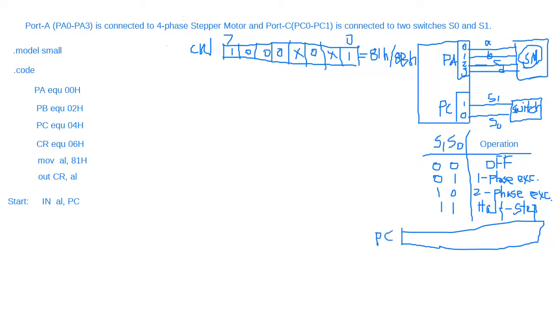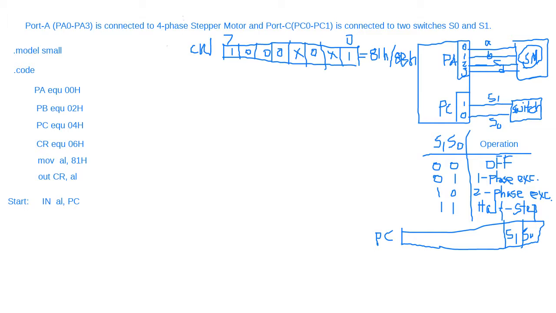We are only interested in these 2 bits, 0 and 1. So this is S1, this is S0. Other bits are don't care. We can make them forcefully 0.